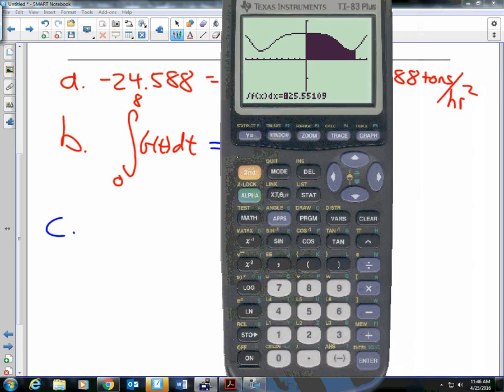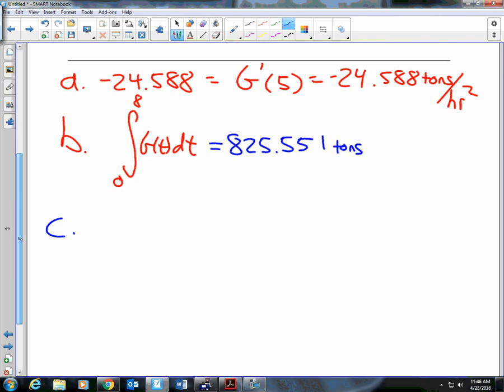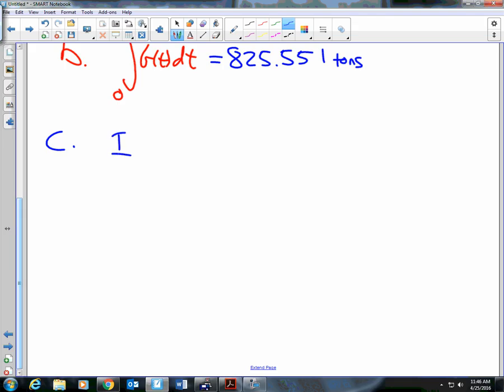Well, if it was increasing, then the derivative would be positive. If it was decreasing, then the derivative would be negative. Or the rate would be positive, or the rate would be negative, right? Okay, are we given the rate, or are we given the position? What are we given? We're given a rate function.